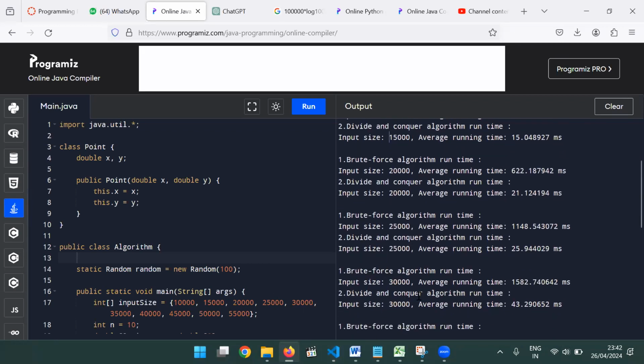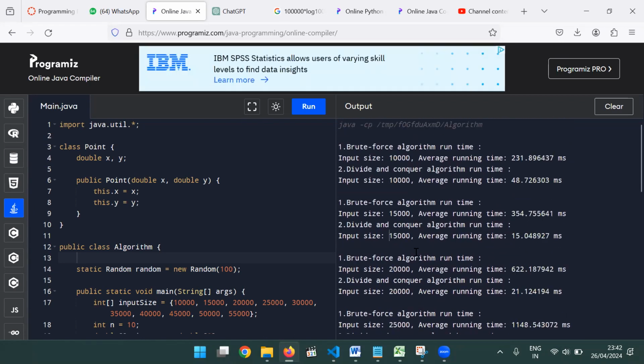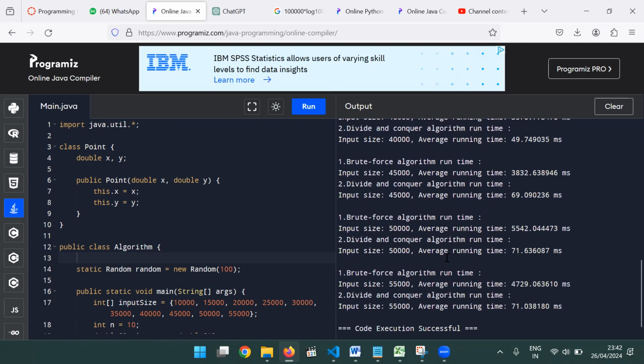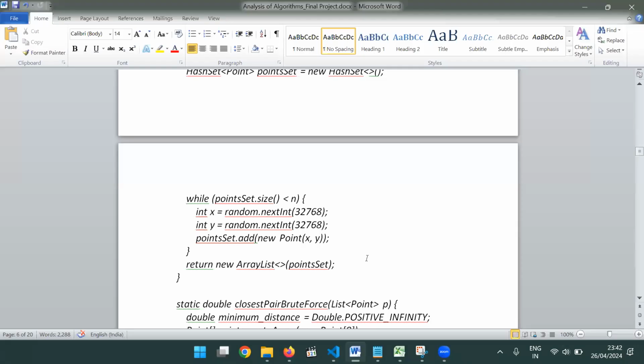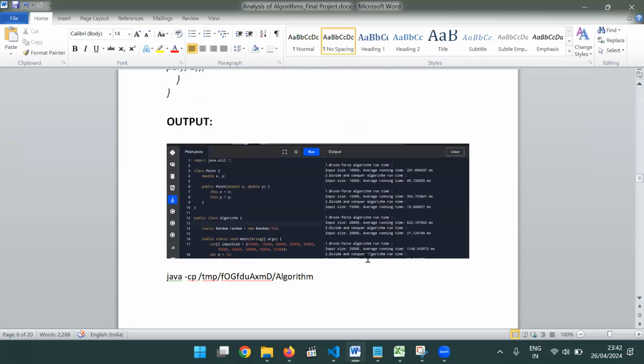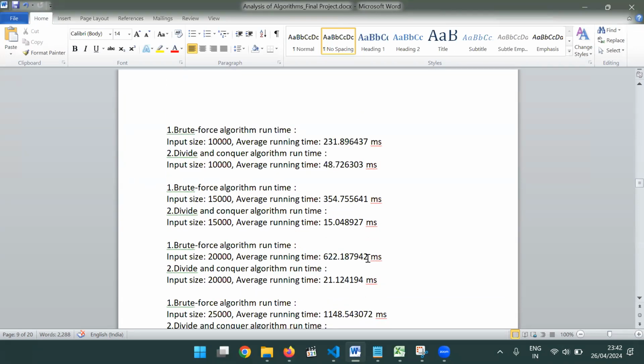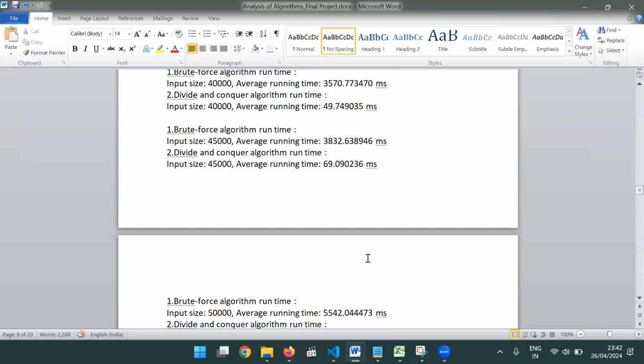I have run the code for 10 inputs from 10,000 to 55,000. I have given the same screenshot here, the output screenshot. These are the output values I have pasted in the document.